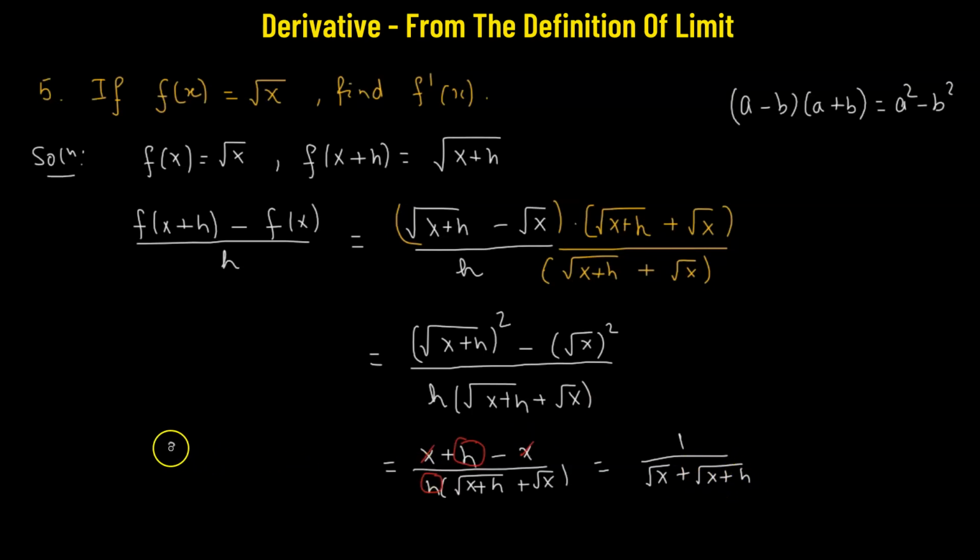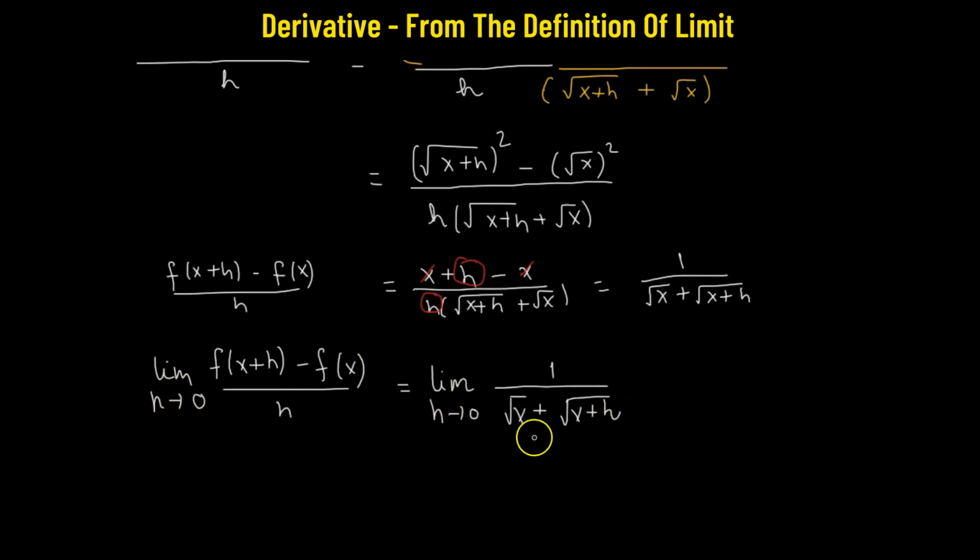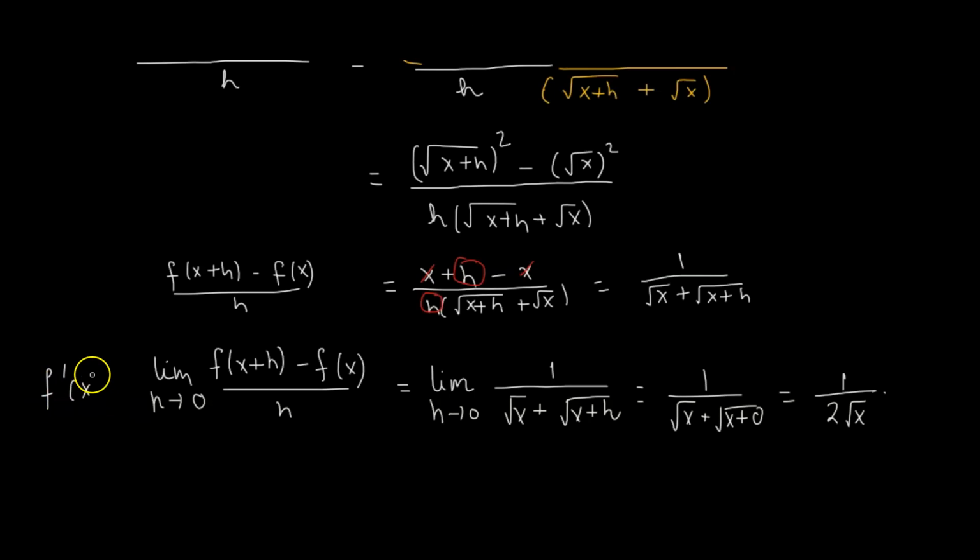Now we will take the limit as h approaches the value 0. So this is going to give us 1 over square root of x plus square root of x plus 0, or simply 1 over 2 times square root of x. And this is the value of the derivative of f of x.